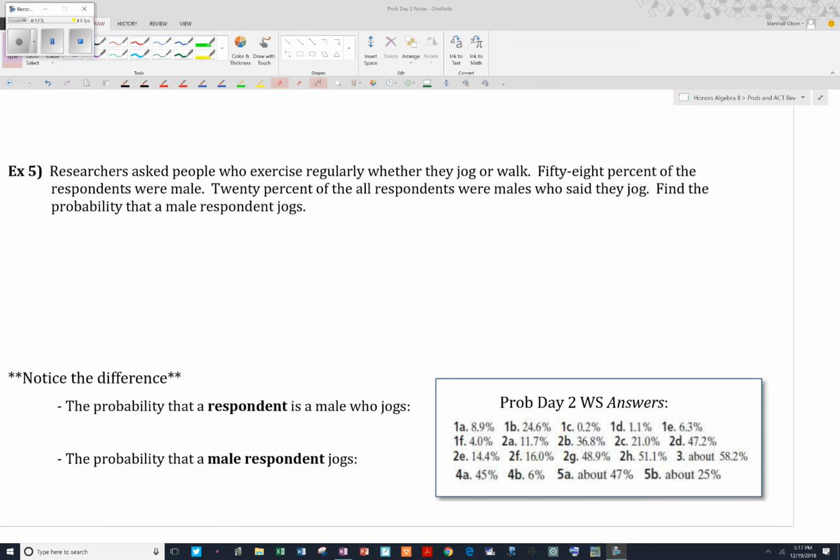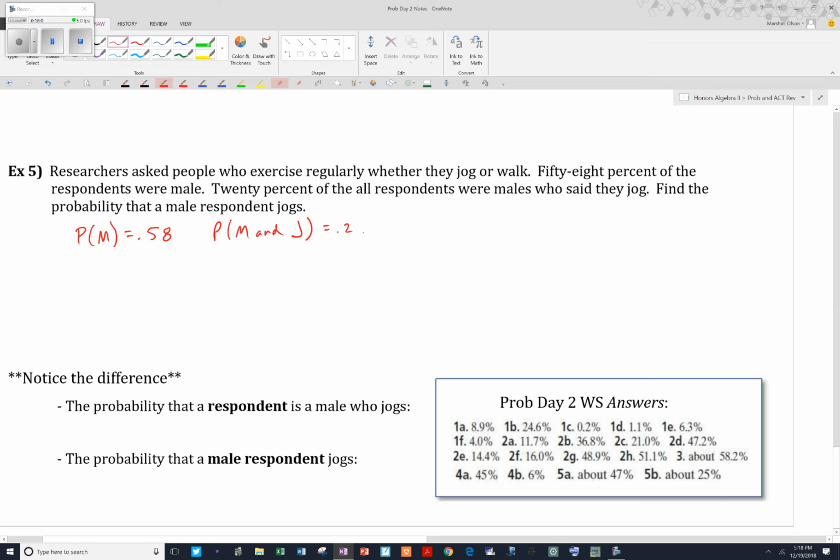All right, in our last example here, take a second to read through it, and I'm going to start jotting down some of the probabilities that they give us. So we know that the probability of being male is 58%, and the probability of being male and that they jog is 0.2.